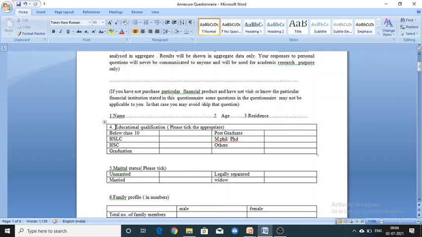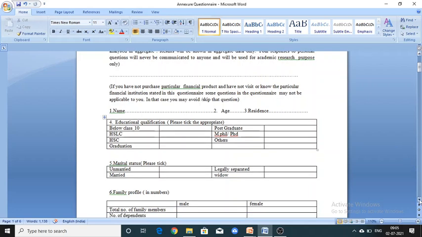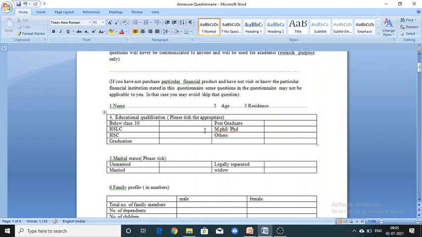Now notice question 4, educational qualification. The respondents are asked about their educational qualification: below class 10, HSLC, HSC, graduation, postgraduate, MPhil or PhD. Since response categories are given, this is called a close-ended item. But you might have noticed a category which is others.